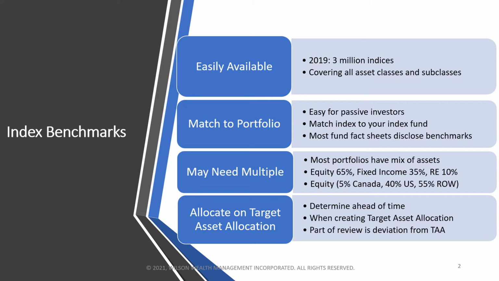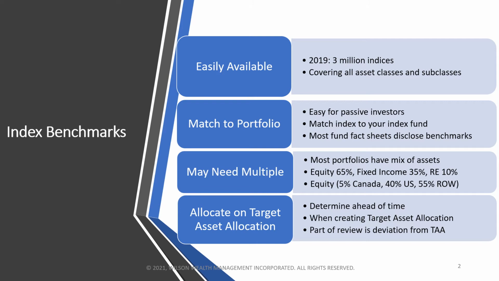Now, I think for most people, you're going to need multiple indices because we tend not to just invest in one thing. I may have a portfolio that's 65% equities, 35% fixed income, and 10% real estate.